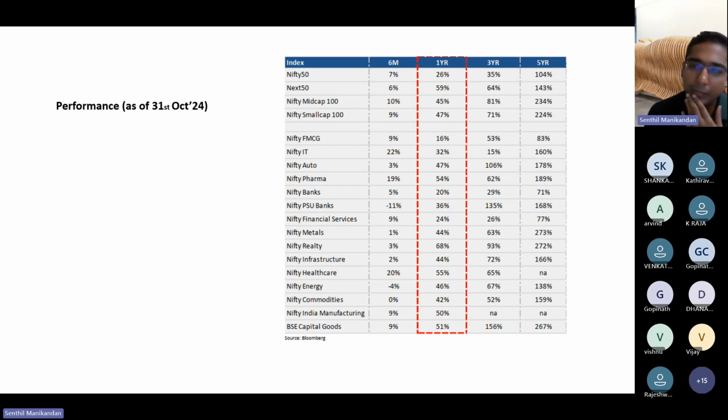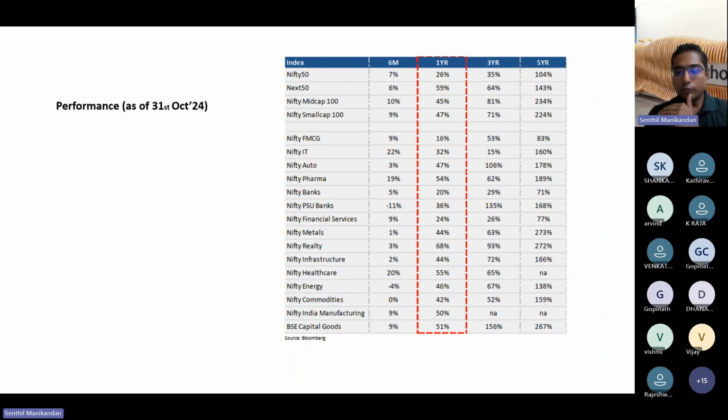On a 5-year basis, Nifty has given a 103% kind of return, while the small caps have outperformed with almost double that, close to 200% return. So the performance has been broadly good. We can't just extrapolate the kind of return that we got in the last 5 years to the next 5 years.